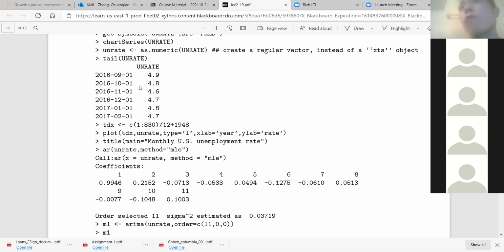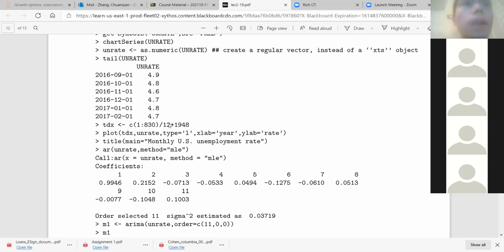So you need to convert to continuous numbers, right? You can see this is kind of a horizontal line of time that I create, and it starts from 1948. You can think of it like a year, right? 1948. And 1 to 830 is the total number of rows of data, how many days have passed, or I think this is how many months, yeah, how many months, right?